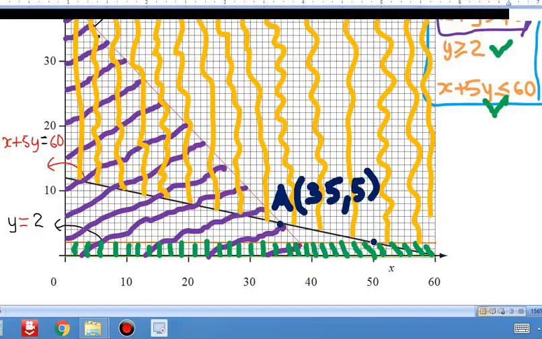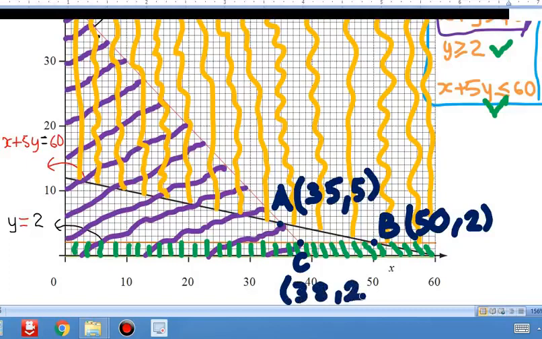Similarly, if I look at this point over here and name it B, this point has coordinates 50 and 2, and this point over here can be named C, and this has the coordinates 38, 2. So whatever is the highest value of y from all the 3 points A, B and C will be the maximum number of trucks that can be parked.